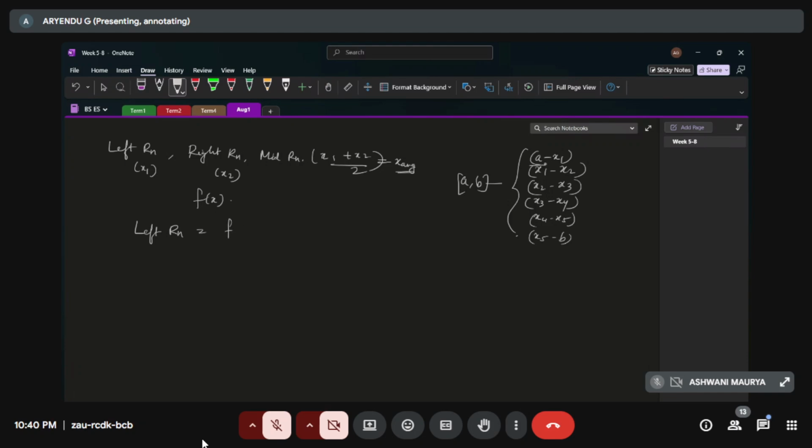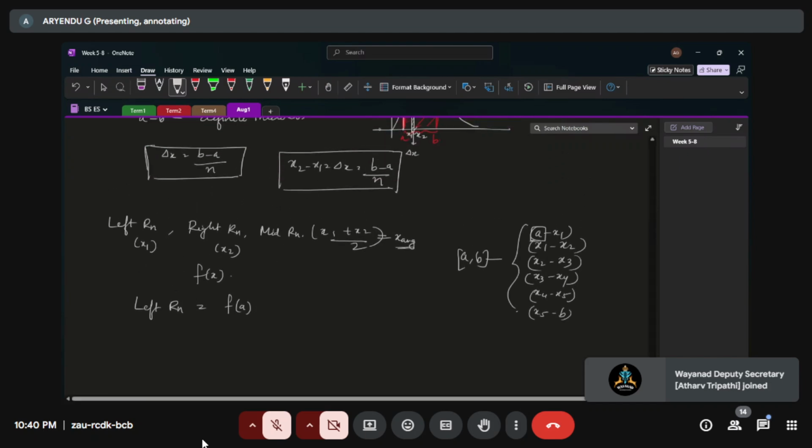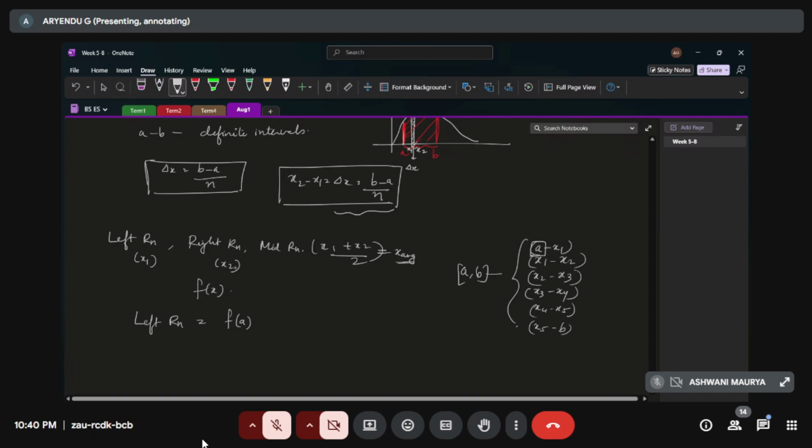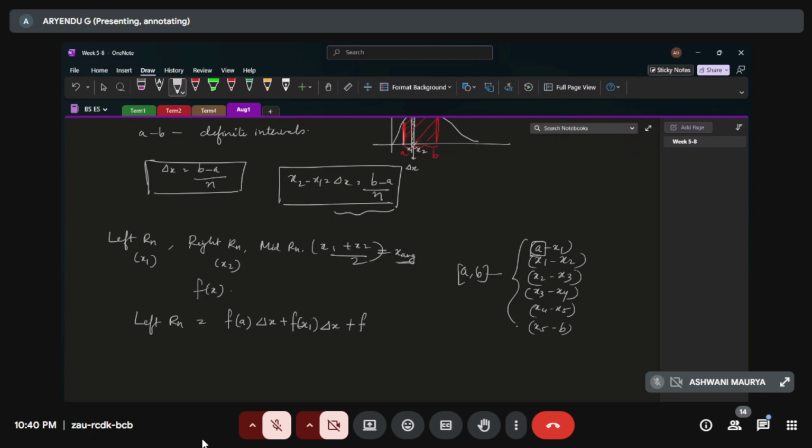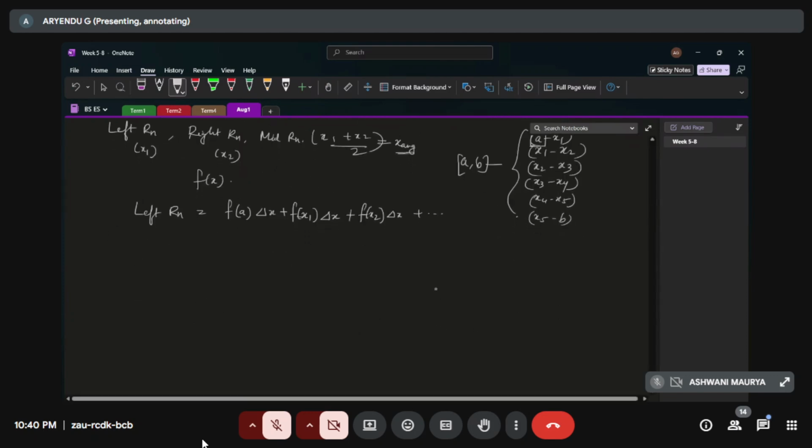We take the leftmost value, which is a, f of a, into the size of the interval, which is given by delta x here, into delta x plus f of x1 into delta x plus f of x2 into delta x, and so on till however many parts we have.